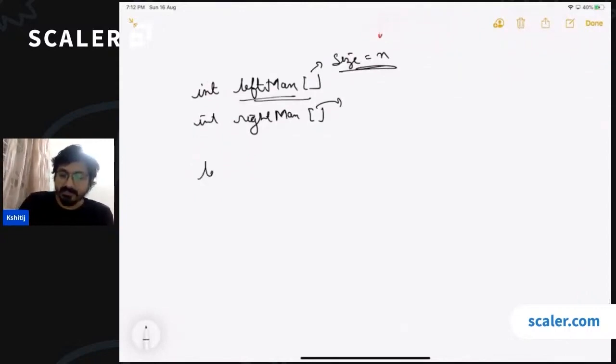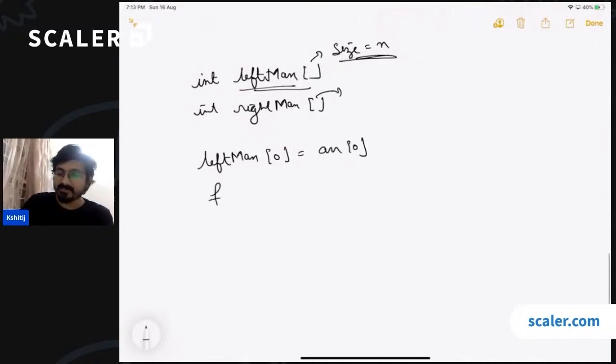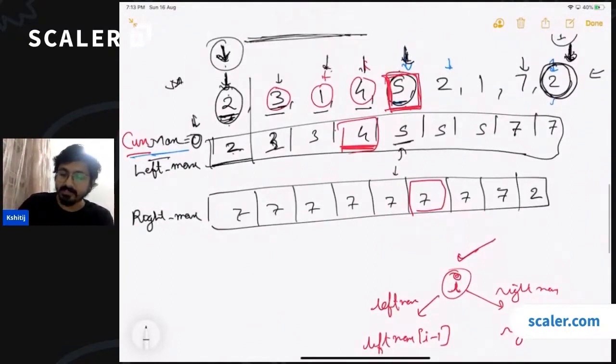So we can say that left max of 0 can be initialized from the array 0. Let's come to the right max after we finish this. So we have initialized this for the 0th index. That means for the 0th index, the height of the bar is the answer.